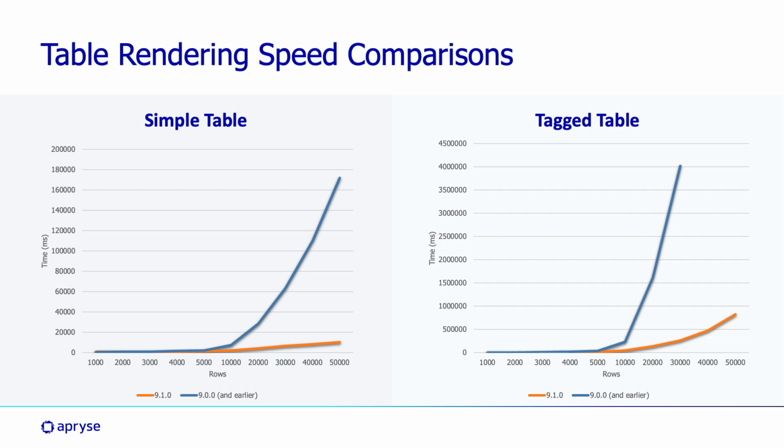I'm lost for words when I first saw these charts. The blue line is for version 9.0 and earlier. The x-axis is the number of rows, and the y-axis is the time it took to create these PDF files. Our developers realized that there must be something wrong, where you get this exponential growth.